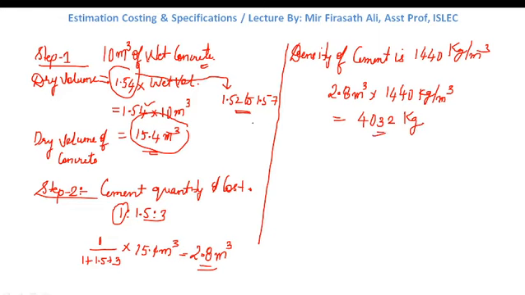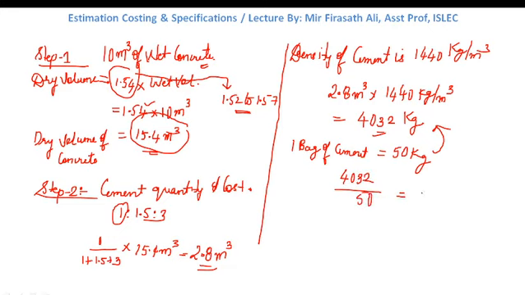We know that one bag of cement is 50 kg. So on dividing 4032 by 50, we get around 80.64, which is equivalent to 81 bags of cement.